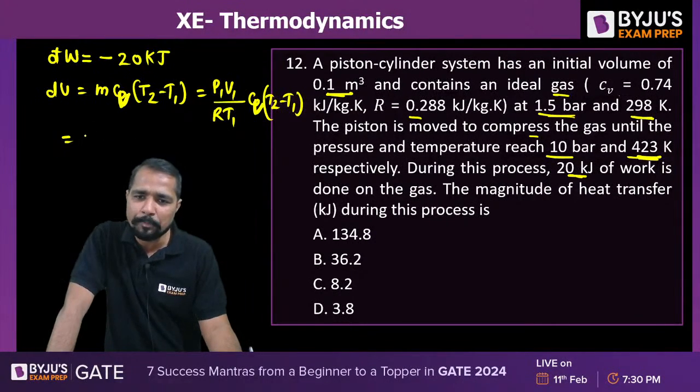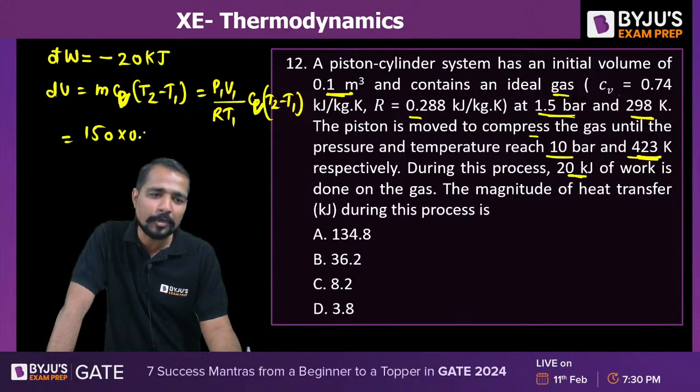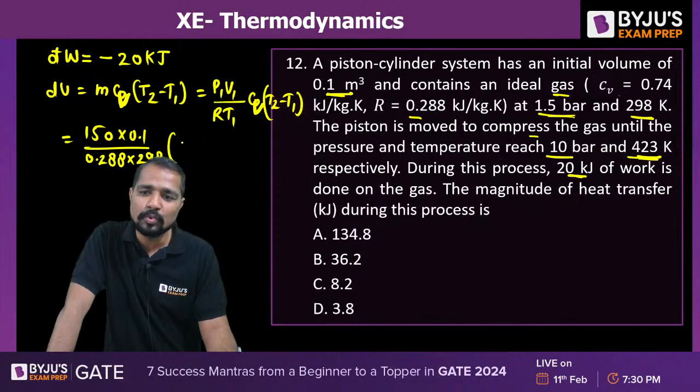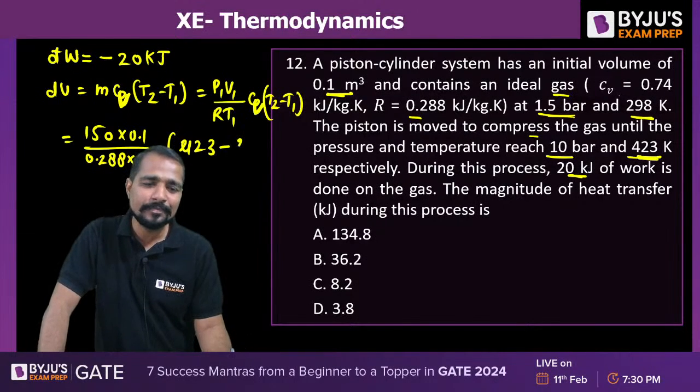How much is the value of P1? 150. V1 is 0.1, divided by R 0.288 into T1 298, T2 423. Now somebody tell me the answer quickly. I am not getting any answer.